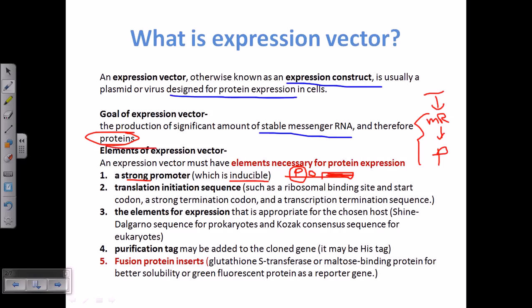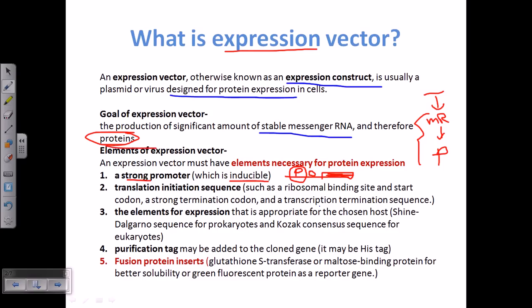Okay. The second thing is that it must have the translational initiation sequence, because we are destined for expression purposes. So we must have transcription and translational machinery initiation and termination factors. It must have the ribosomal binding site, obviously a start codon, and also the transcription termination sequence and the termination codon during translation.